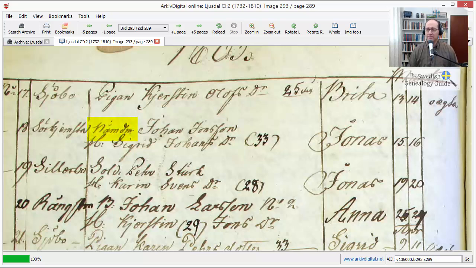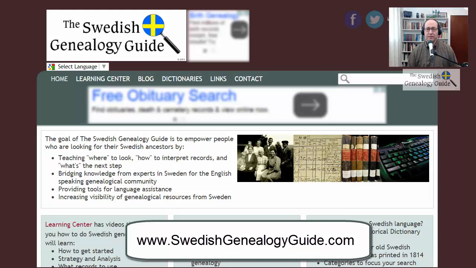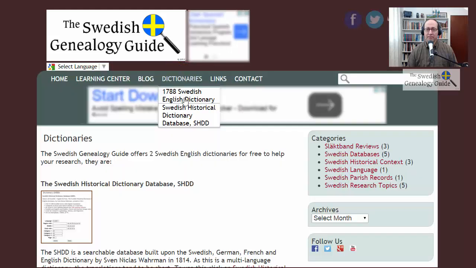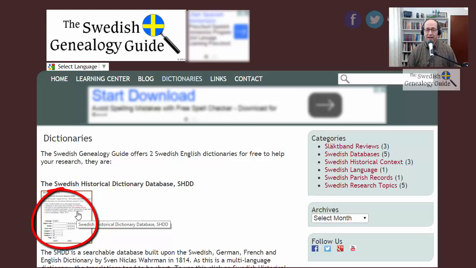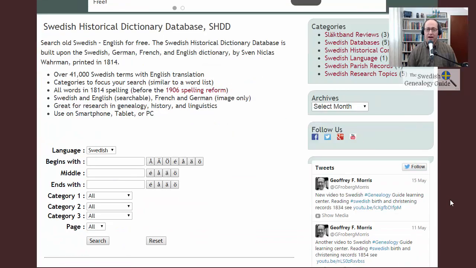So I'm going to go to the Swedish Historical Dictionary database. I go to the homepage of Swedish Genealogy Guide. I come up and click on the word dictionaries. Then I come down and just click on Swedish Historical Dictionary Database, or SHDD. I scroll down a little bit and I click the letter N, and then I'm going to click on the A with two dots here on the side, M, D, and then I come down and click on search.